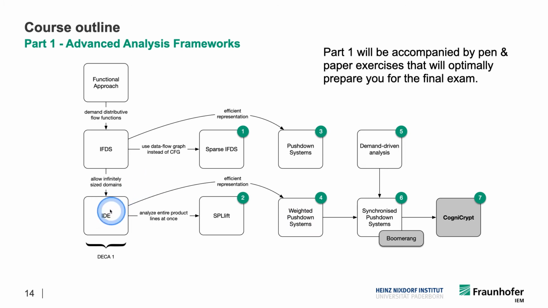So if you remember from DECA 1, IDE was adding to IFDS certain edge functions that can execute additional computations. And here in these weighted pushdown systems, these edge functions are basically represented by so-called weights. So it's a similar concept, differently expressed. But we use both of these mechanisms now heavily in our work, and that's why I think it's also worthwhile explaining them here.